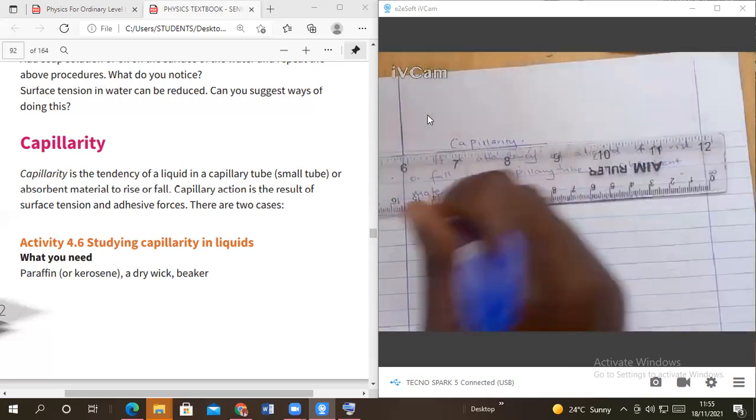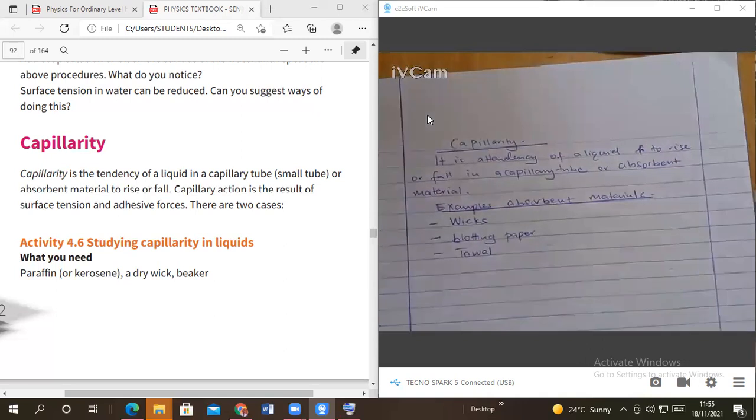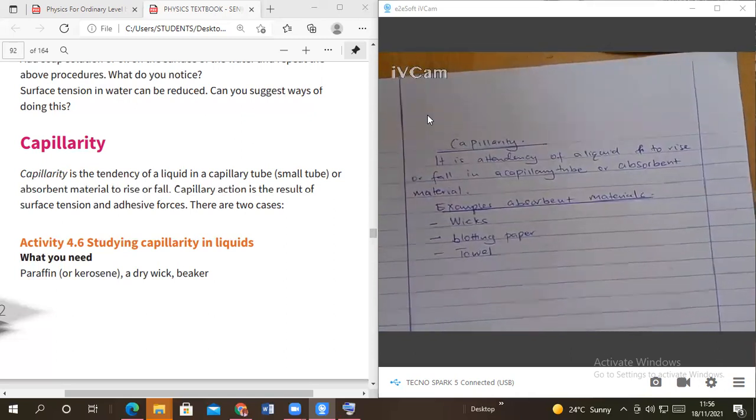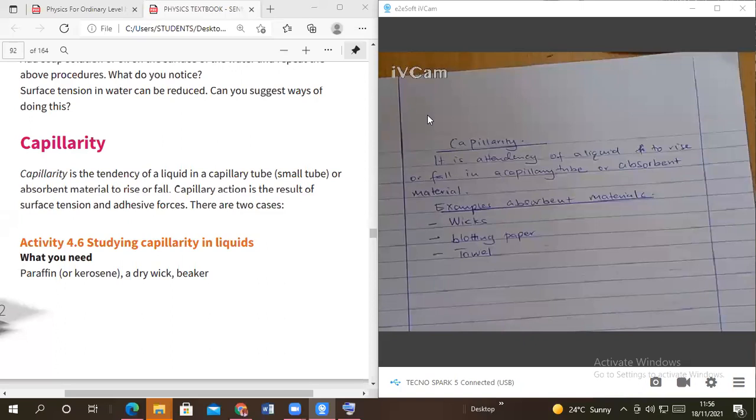So capillarity is caused by the two forces that we talked about: the adhesion force and the surface tension. Those two are all forces.